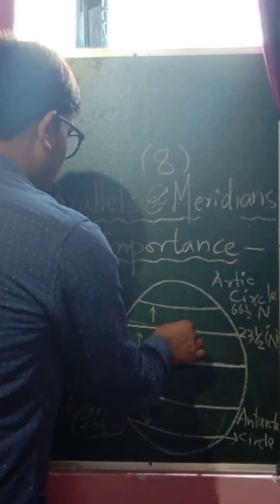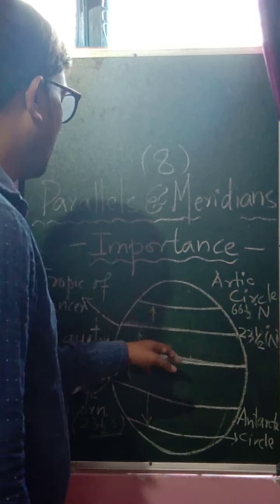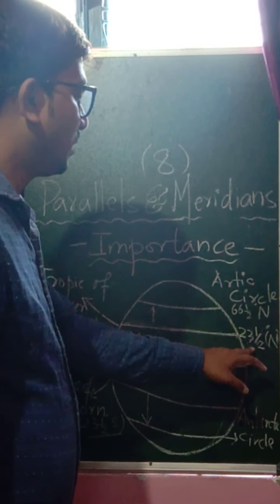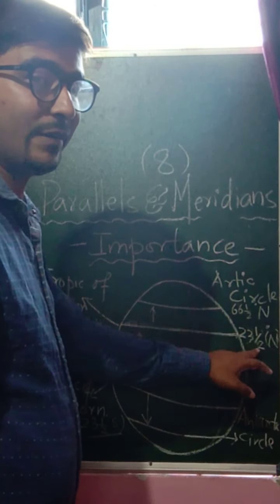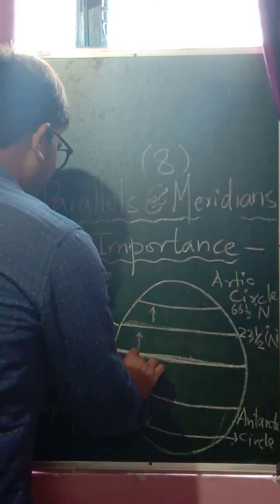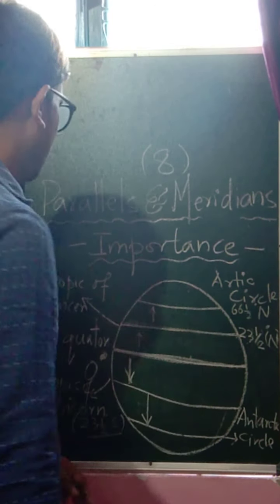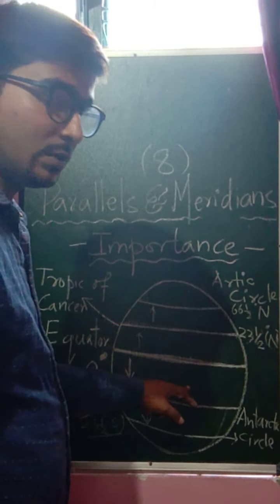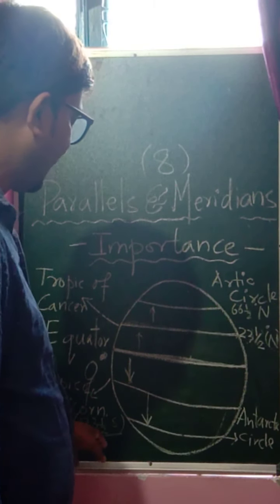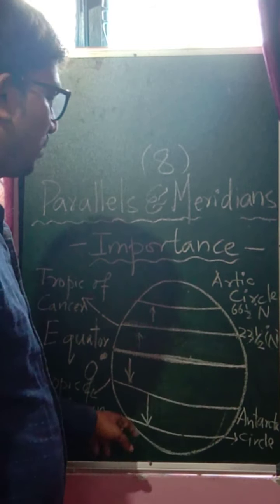Northern part, first one, just above the equator lies the Tropic of Cancer, which is in 23.5 degree north from the equator. Similarly, lower to the equator, that is southern hemisphere, there is line that is known as Tropic of Capricorn, which lies 23.5 degree south.